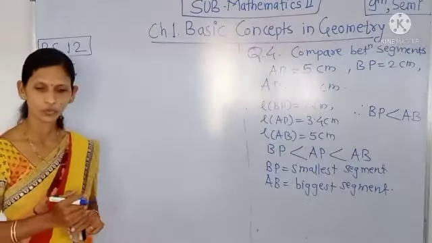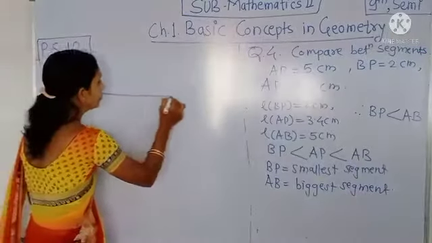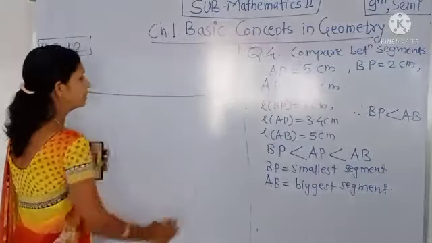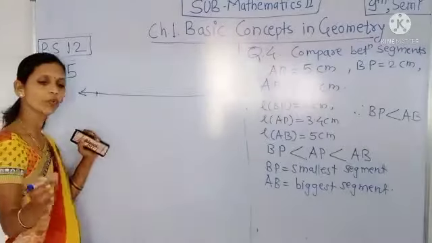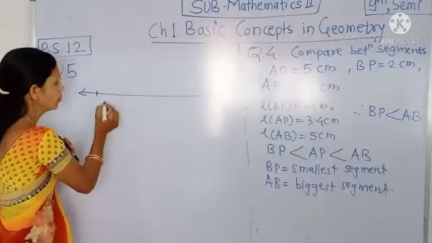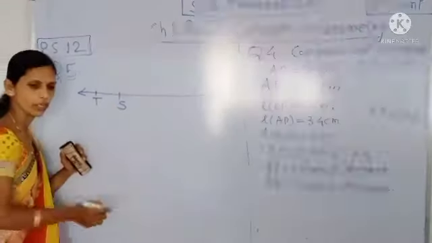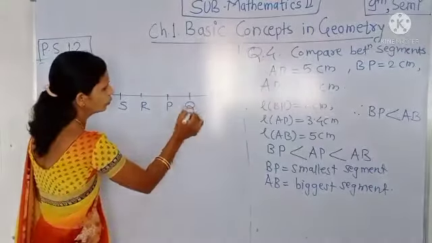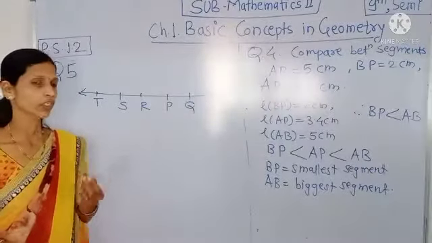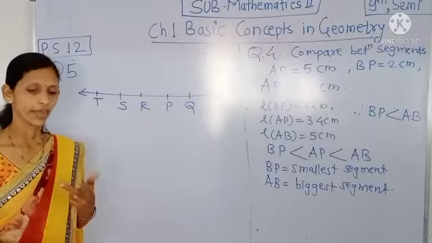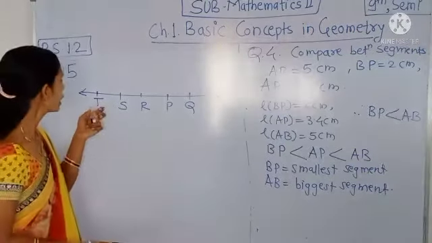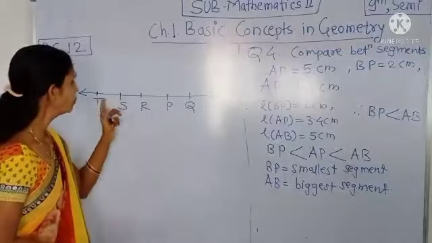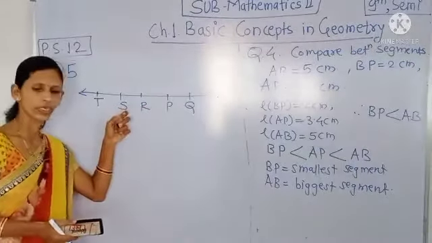Here in question number 5, there is one number line given, on which line L is given, and there are a few points given: point T, point S, point R, point P and point Q. Then a few questions are asked according to this number line, based on that figure.